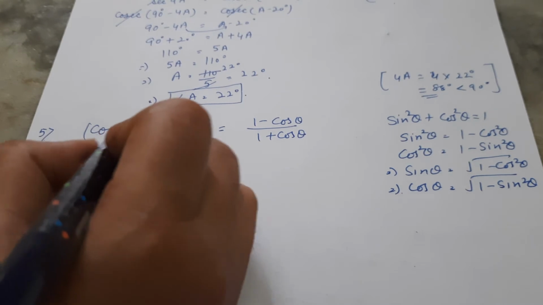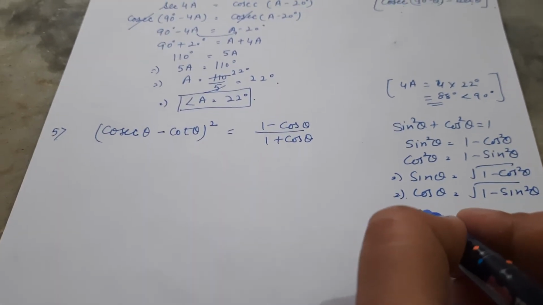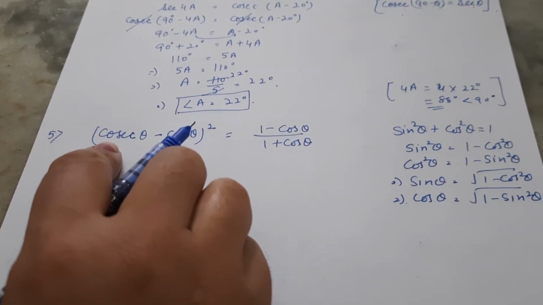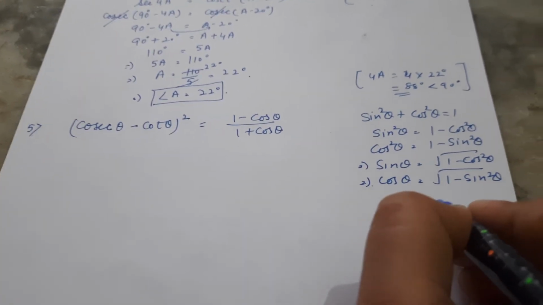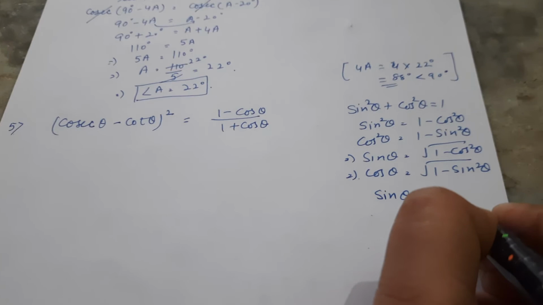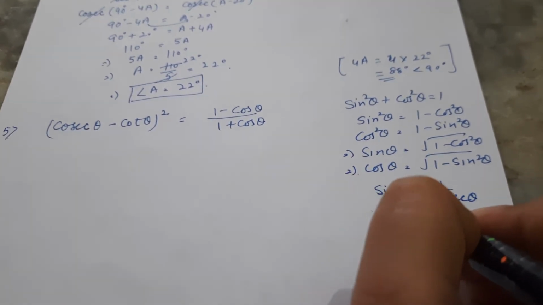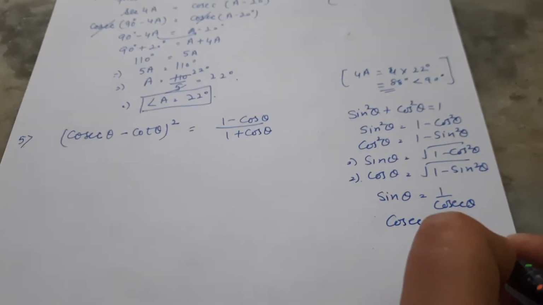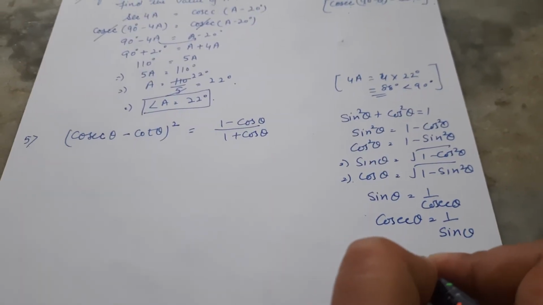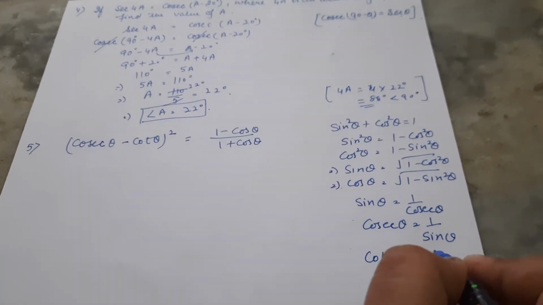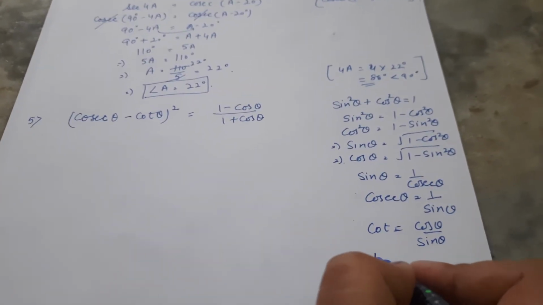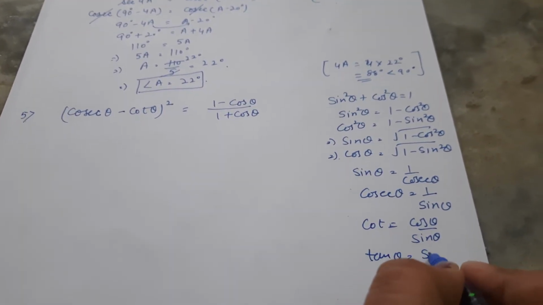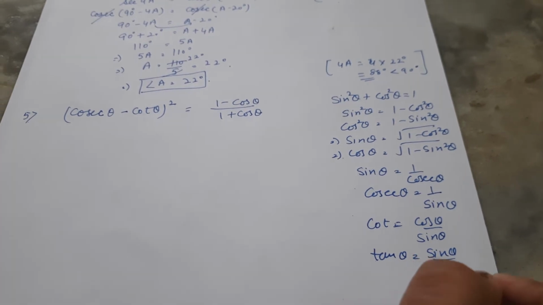Here, as usual, we know that cosecant is the reciprocal of sine. So sin theta is equal to 1 over cosecant theta, and similarly cosecant theta is equal to 1 over sin theta. Cot theta is equal to cos theta upon sin theta, as we know that tan theta is equal to sin theta over cos theta.